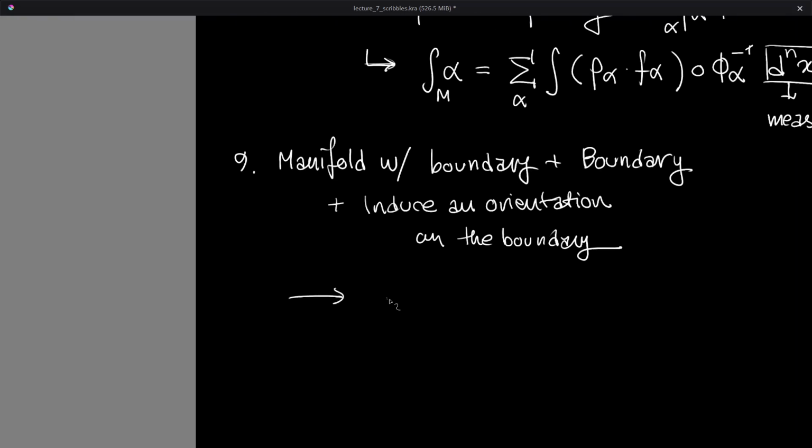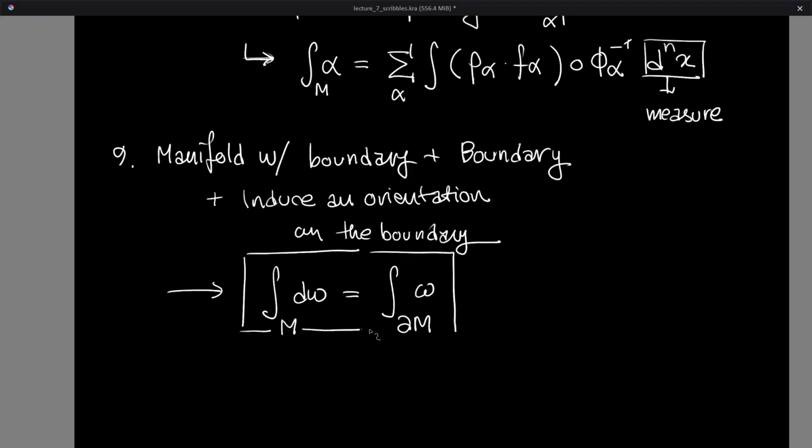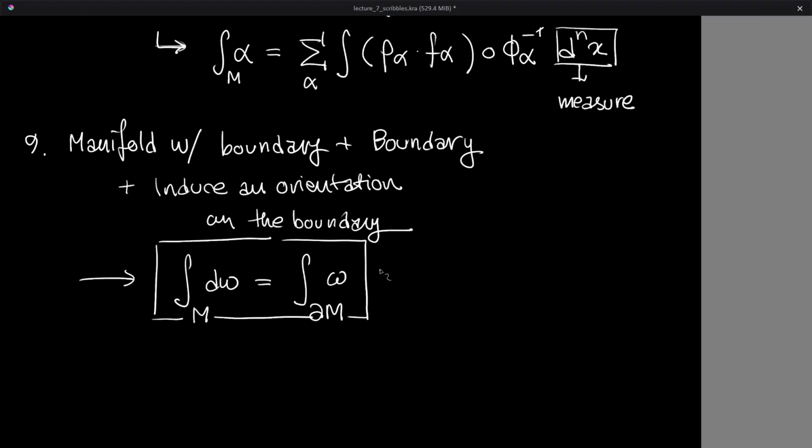And then we were able to define Stokes' theorem, which is that integrating d omega on M is the same thing as integrating omega on the boundary of M, which gives us a lot of cool results in standard multivariable calculus when we dualize it to the vector space. And so we get things like the fundamental theorem of calculus.